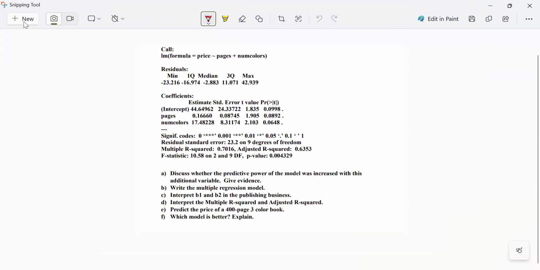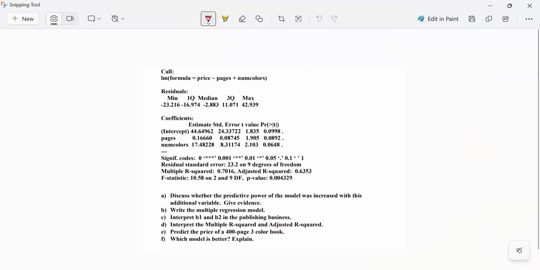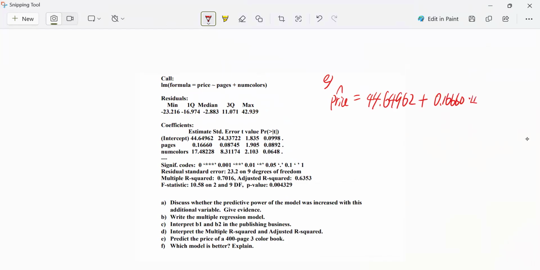So that's part E. A predicted price of the 400-page book with 3 colors. So here, part E. The predicted price is equal to 44.64962 plus 16660 times 400, plus 17.48228 times 3.